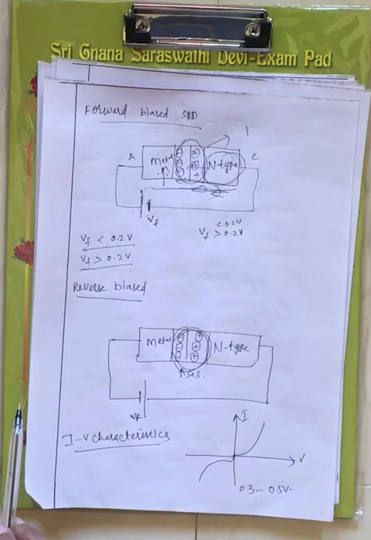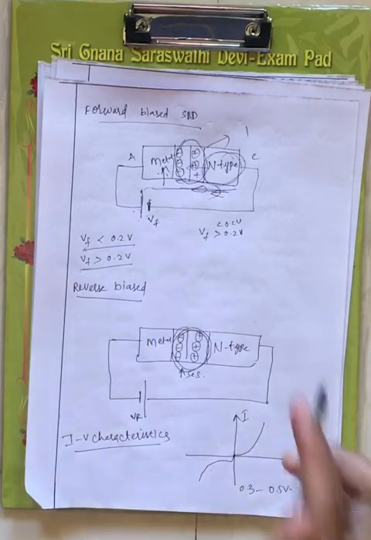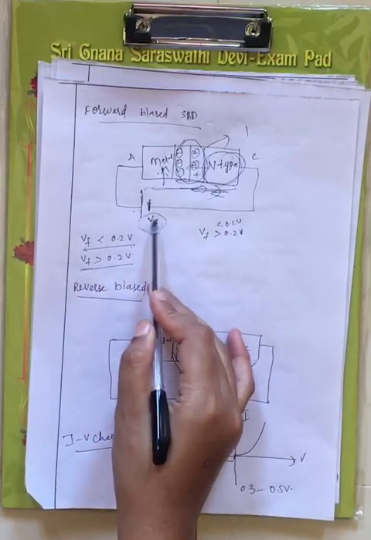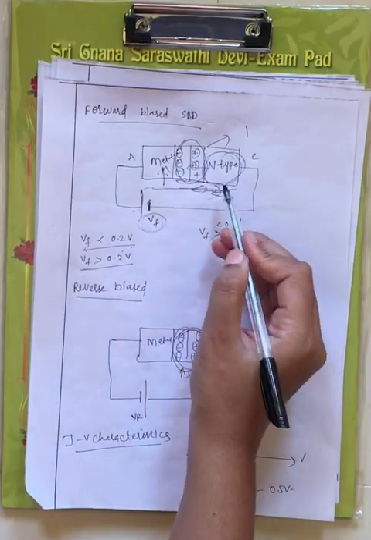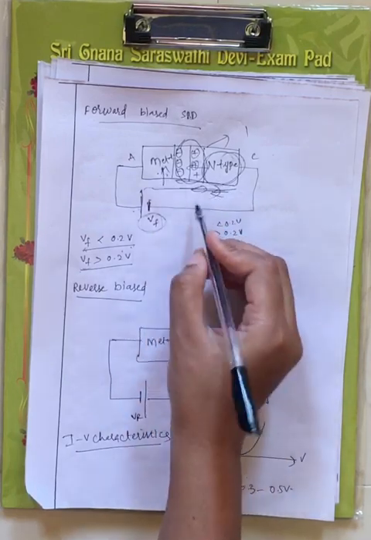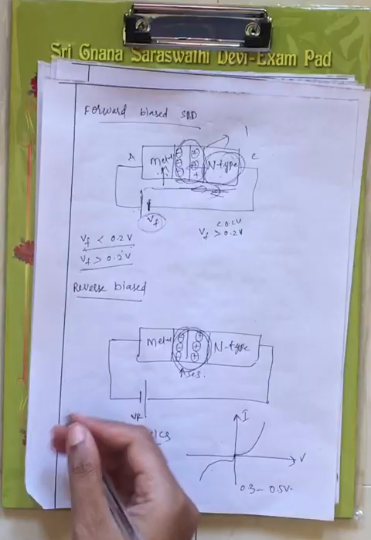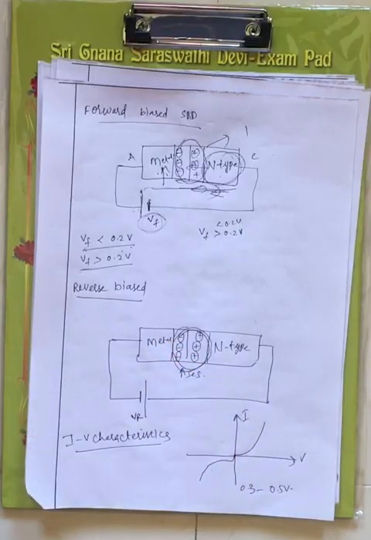Now this is under which biasing condition? Forward biased condition, right? Now if we apply an initial voltage that is less than 0.2 volts, the electrons will move towards the metal. Now that will create a large number of electrons in your metal region, right?